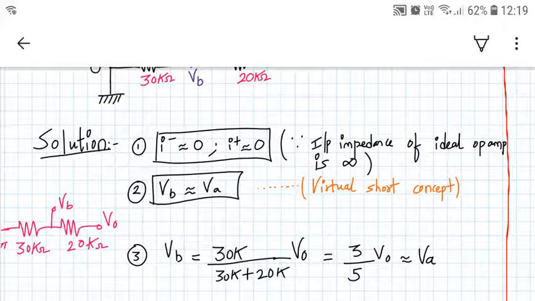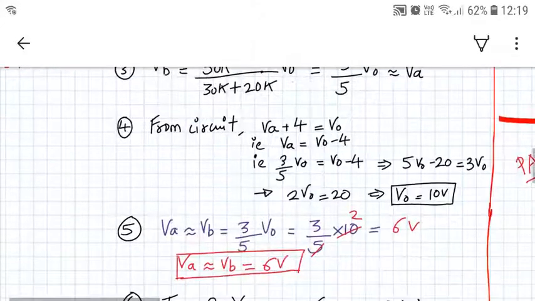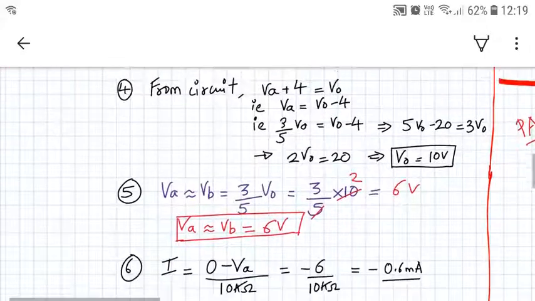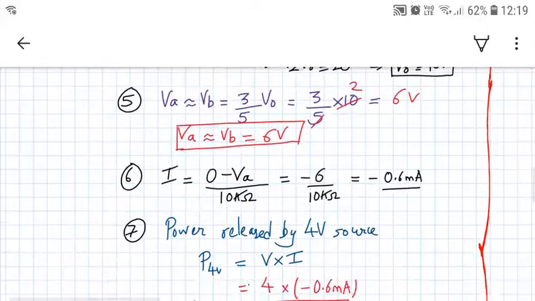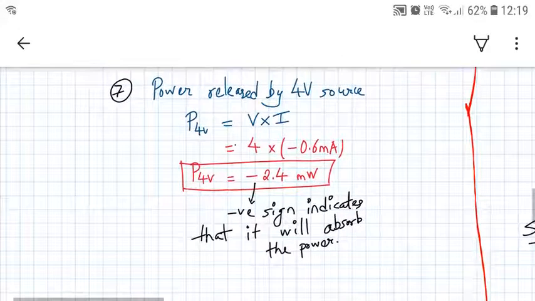Then we have used the virtual short concept, that is VA is approximately equal to VB, and we started deriving. We got the value of output voltage as 10, then VA VB as 6 volts, current as minus 0.6 milliamperes, and finally the power offered by the 4 volts source is minus 2.4 milliwatts.